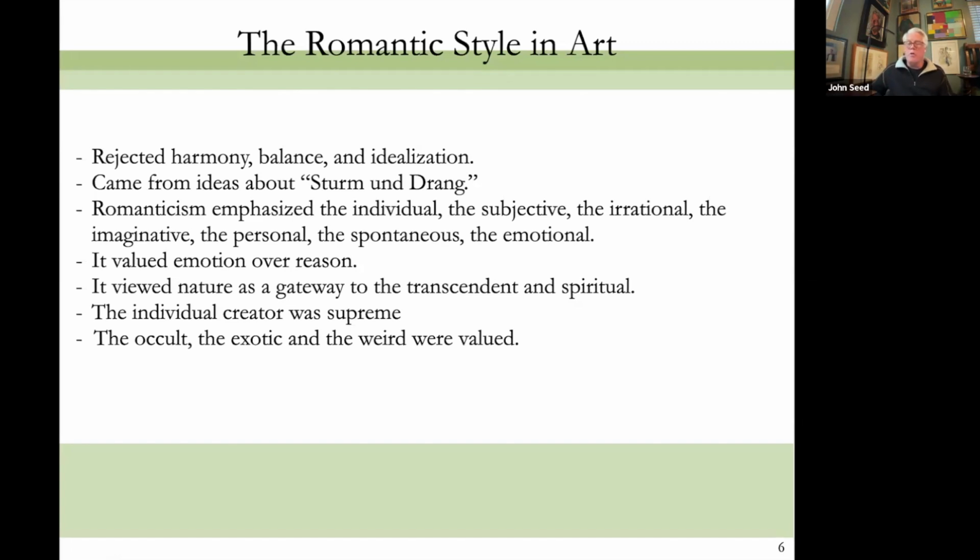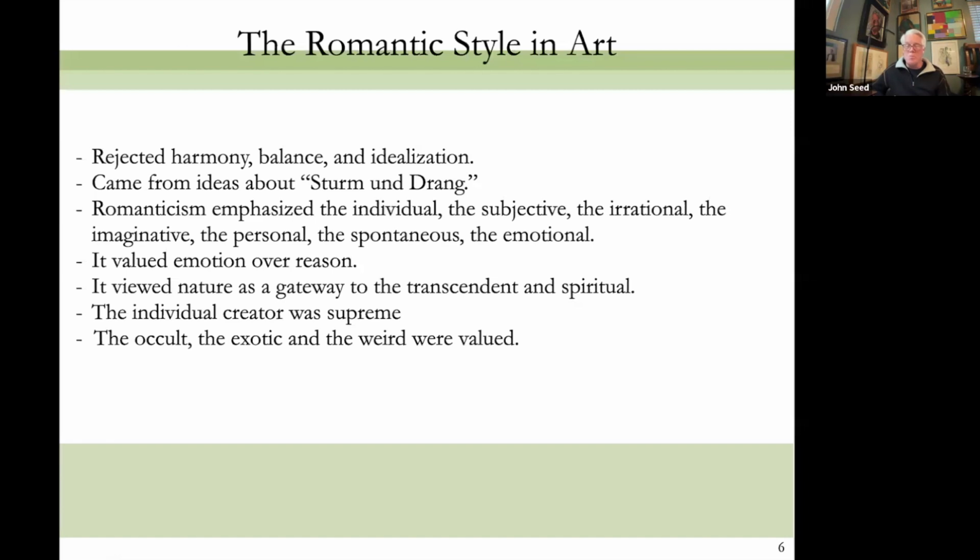And the heroic individual could also be connected with the subjective, the irrational, even the occult. And, to add to the list, more good adjectives: the personal, the spontaneous, and the emotional made their way into Romanticism. It definitely valued emotion over reason. And of course, you can see it's a reaction to the whole movement we called the Age of Reason in a previous presentation.